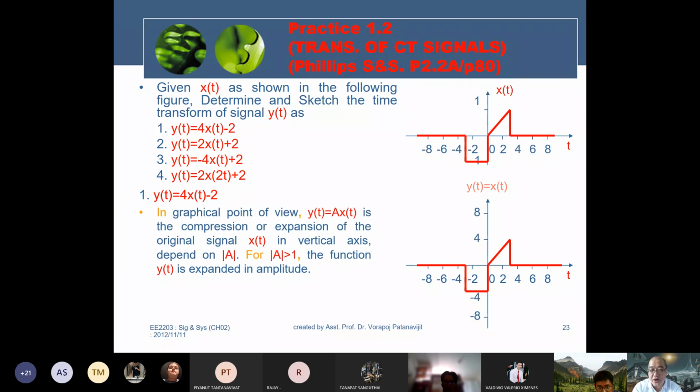From the graphical point of view, y(t) equal to a x(t) is the compression or expansion of the original signal x(t) along the vertical axis, depending on the absolute value of a. In this case, absolute a is greater than 1. If absolute a is greater than 1, the function y(t) is expanded in amplitude.